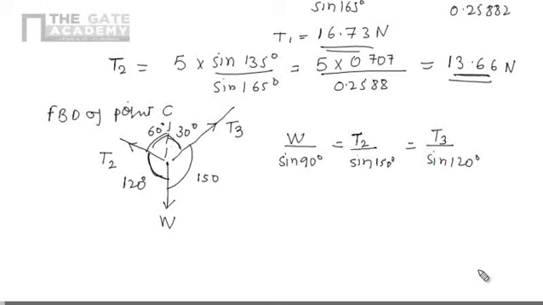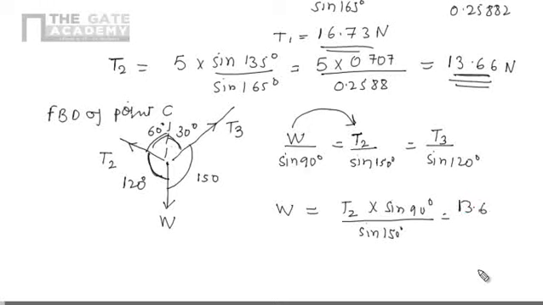We already know the value of T2, so we have to pick this equation. So W equals T2 into sine 90 divided by sine 150. Sine 90 is 1, T2 we know is 13.66 into 1, sine 150 is 0.5. So in this way we get the value of W, which is 27.32 Newton.